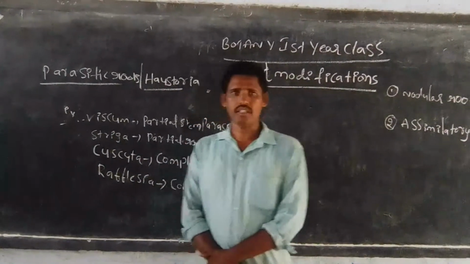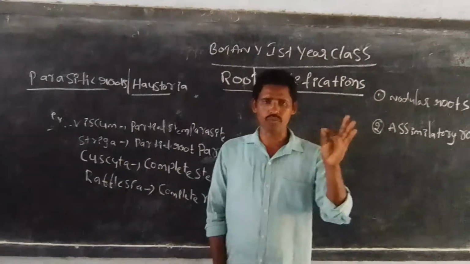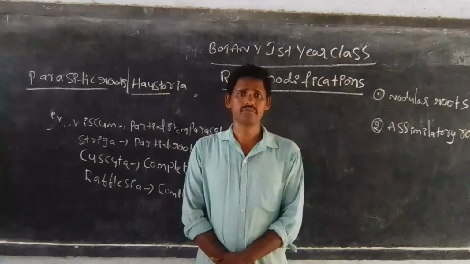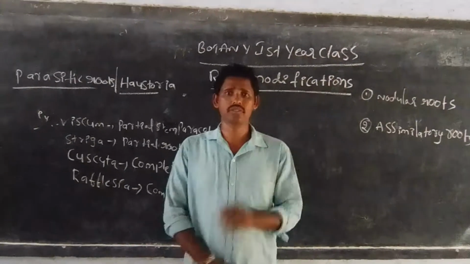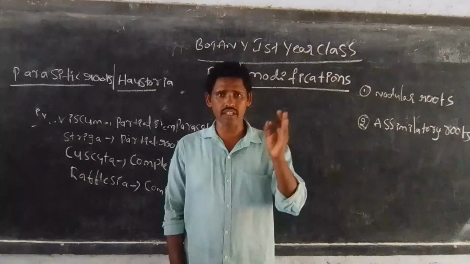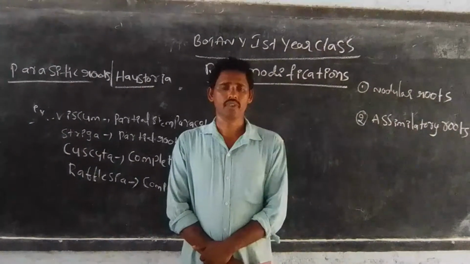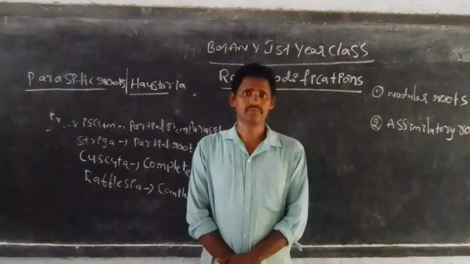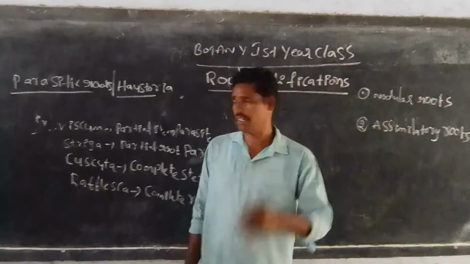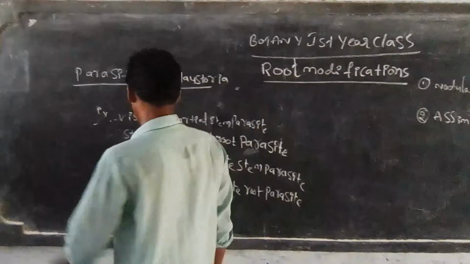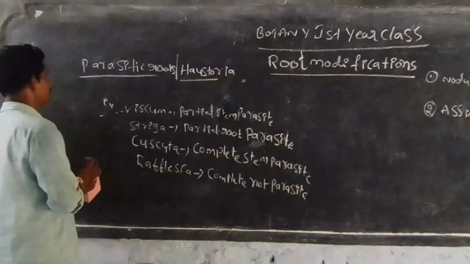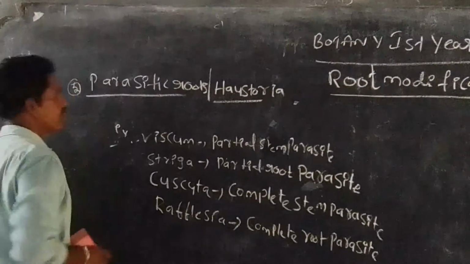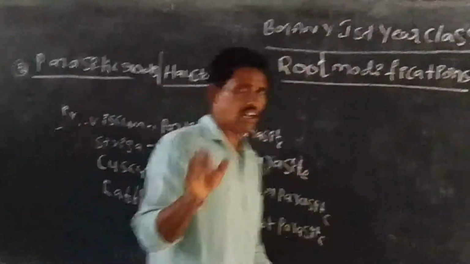They are storage roots, prop roots, stilt roots, breathing roots, and epiphytic roots. In continuity, among the remaining modifications, one is parasitic root modification, also called Haustoria.